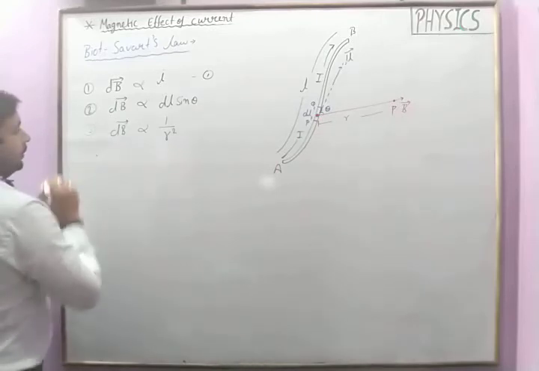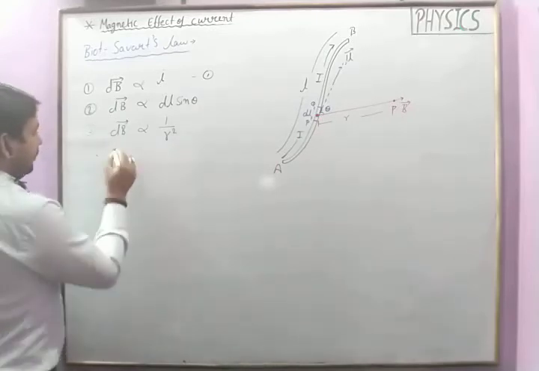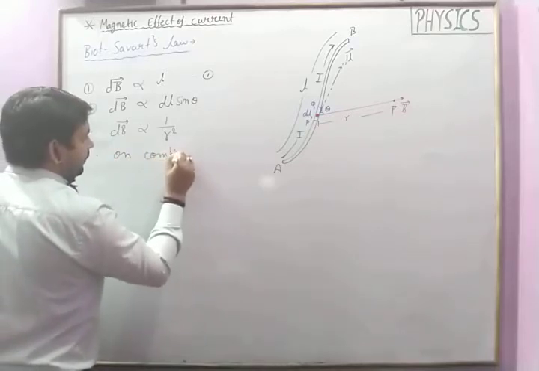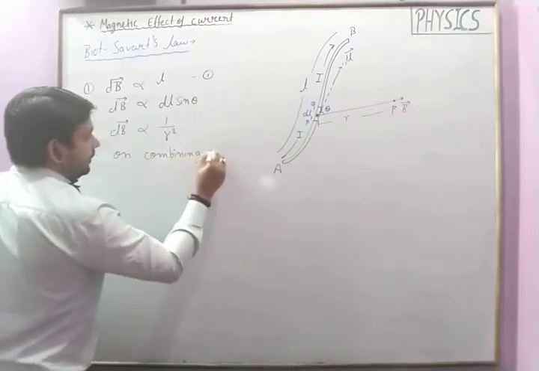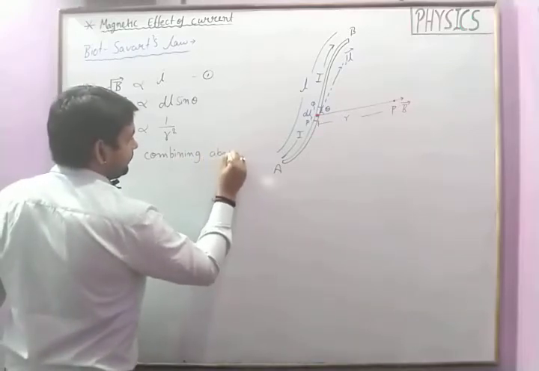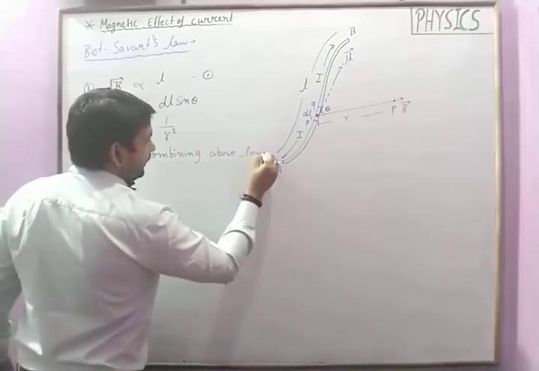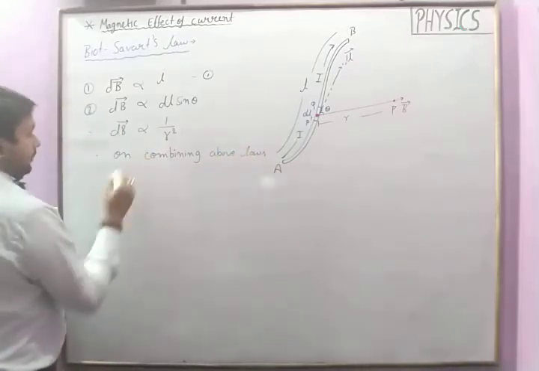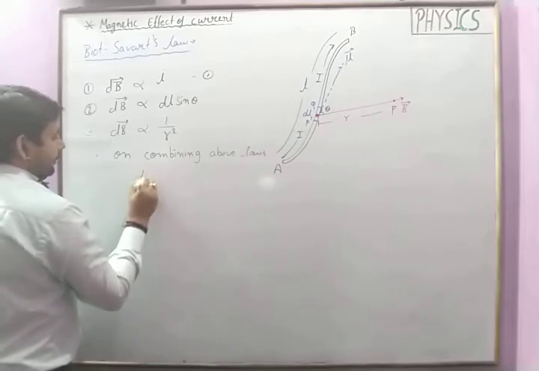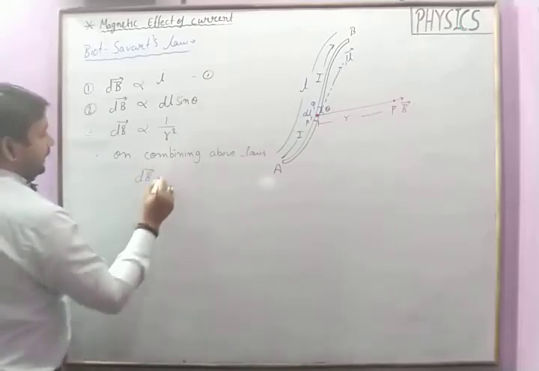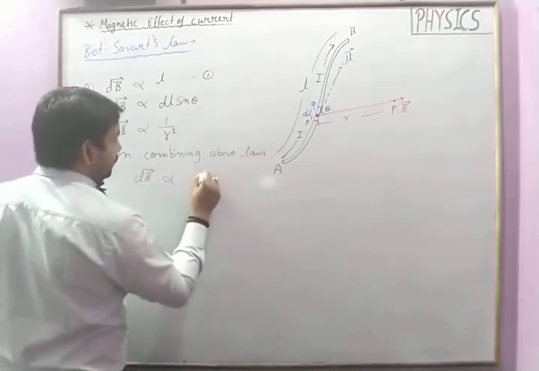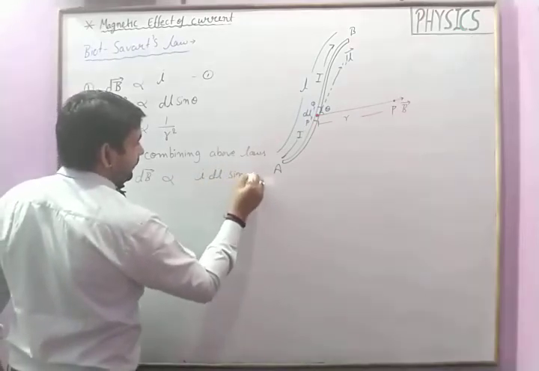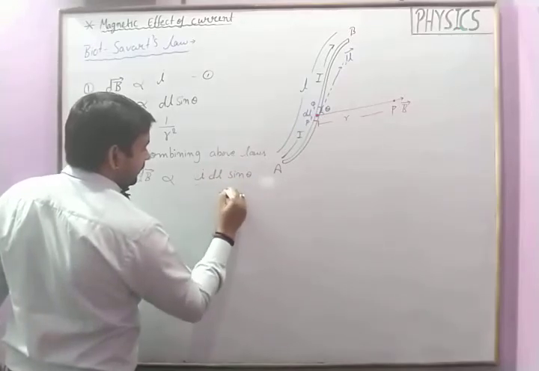Okay, therefore on combining the above laws, we get the magnetic field due to the current element is proportional to I dl sin theta upon r square.